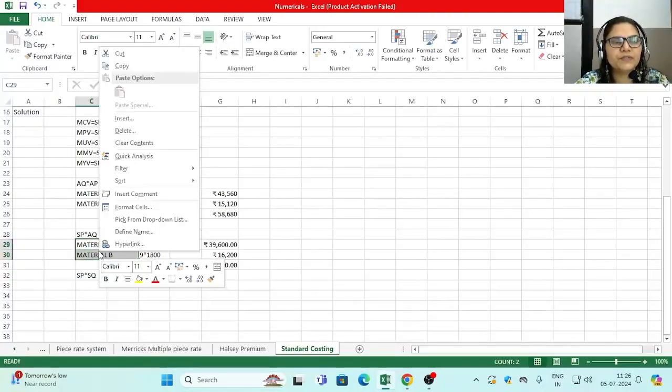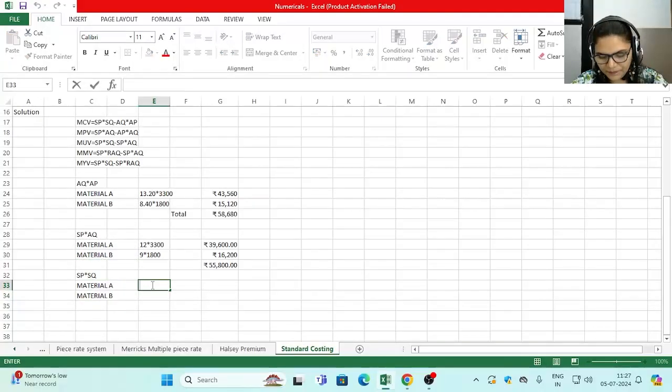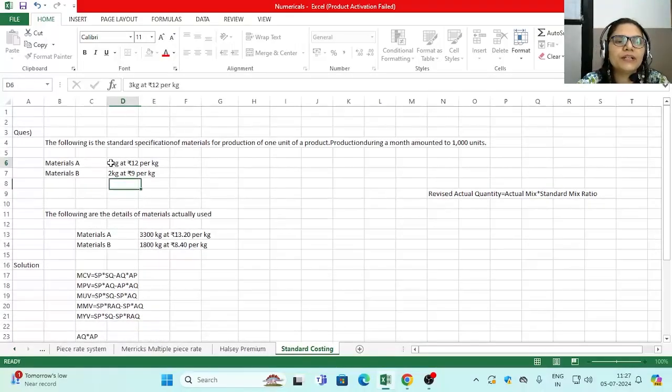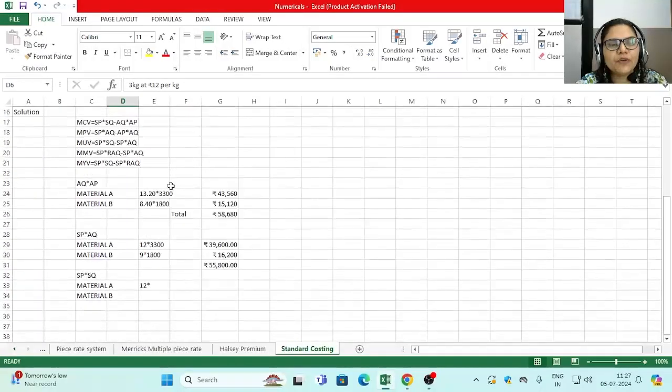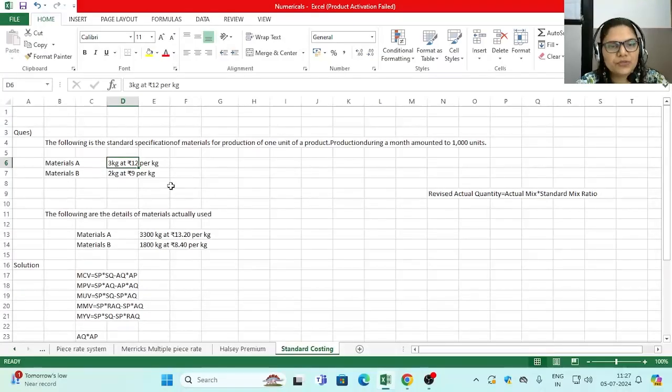These two figures we will also calculate for material A and material B. For material A, the standard price we know is 12, and the standard quantity is 3 kg at the rate of rupees 12 per kg. We always calculate the standard quantity for the actual quantity produced.